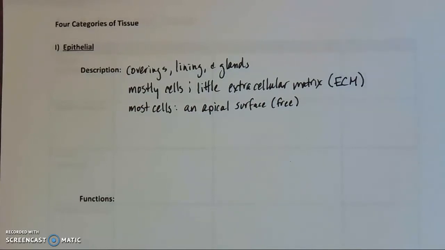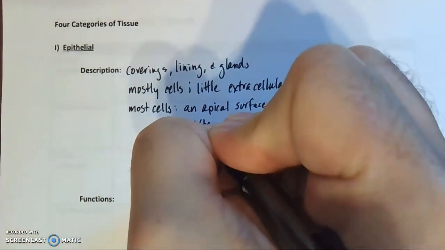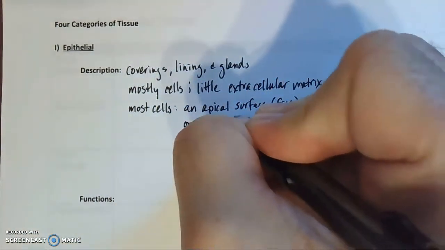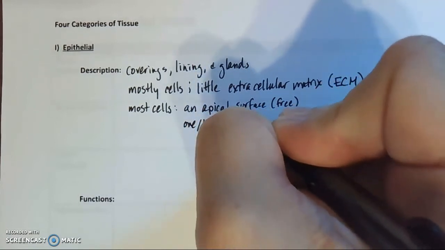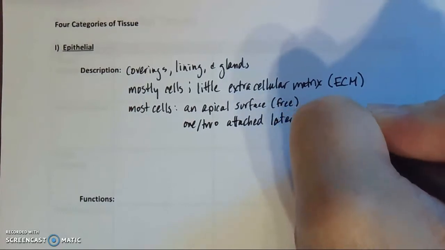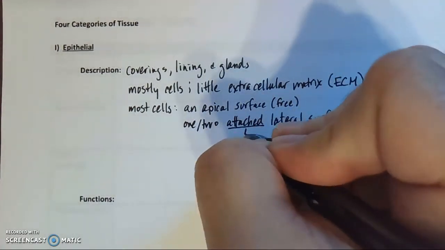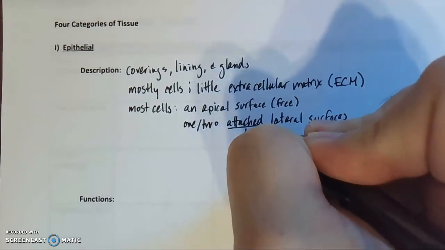Could be touching another tissue, but it's not touching like cells. And we'll draw a diagram here in a second. We have one or two attached lateral surfaces. So they're attached to other cells.